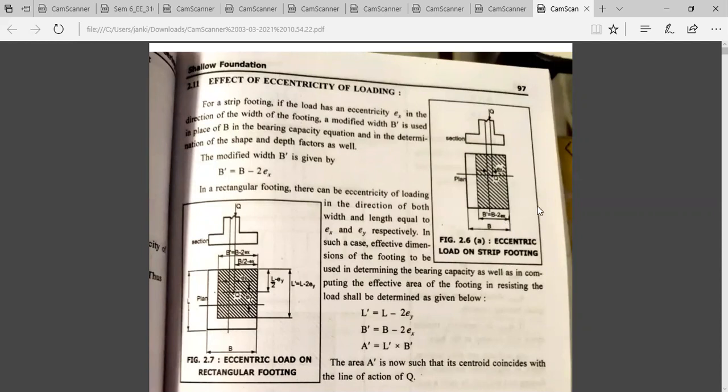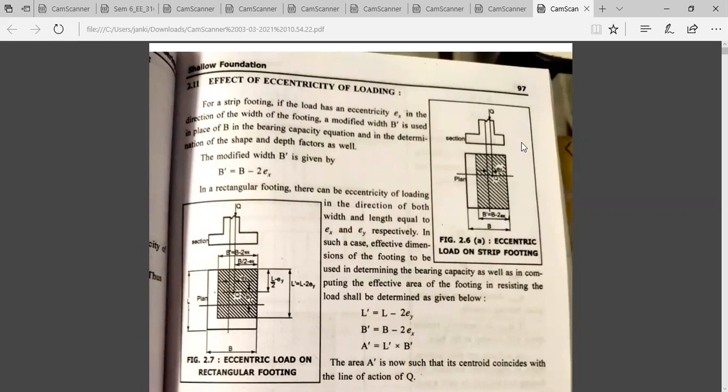Figure 2.6a is an eccentric load on the strip footing. When the eccentric load is applied on this strip footing, if the load has an eccentricity Ex in the direction of width of the footing, the modified width B dash is used in place of B in the bearing capacity equation and in the determination of shape and depth factors as well.